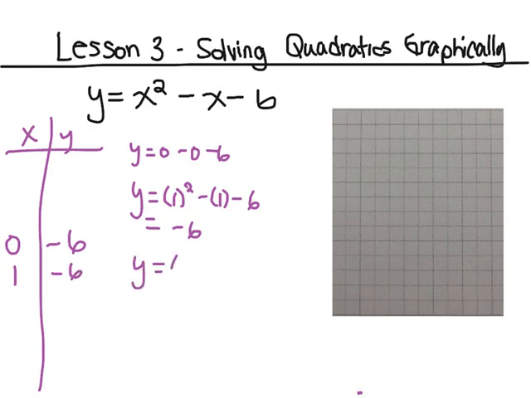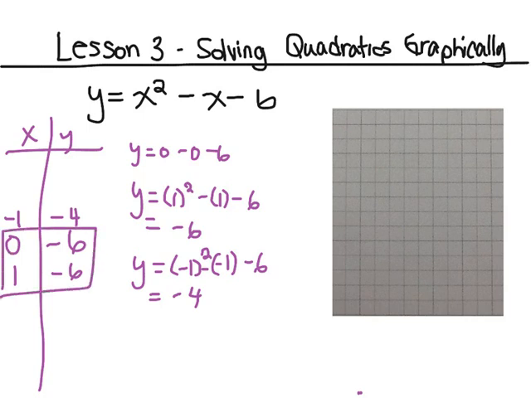Y equals negative 1 squared minus negative 1 minus 6. So 1 plus 1 is 2, minus 6 is negative 4. And we already found our middle spot, so that means 2 would be negative 4.